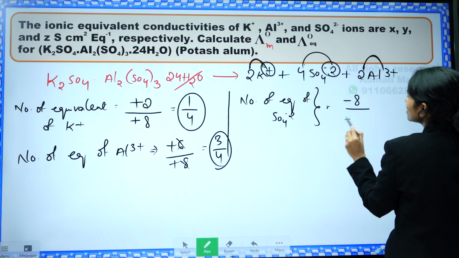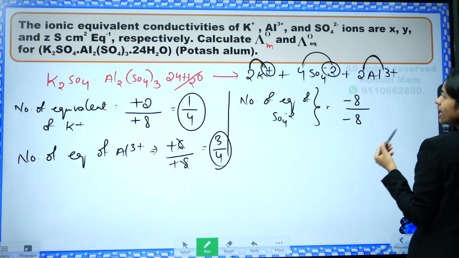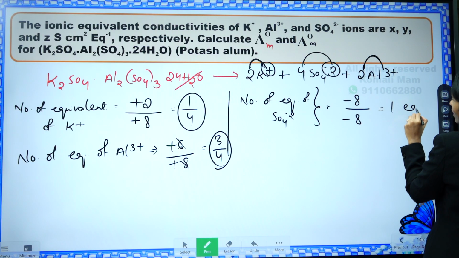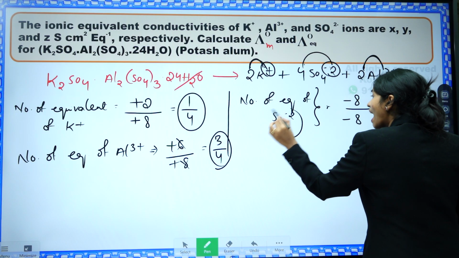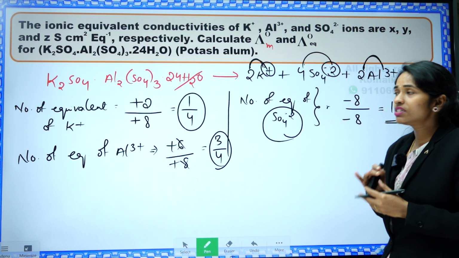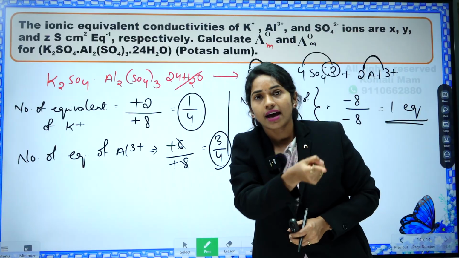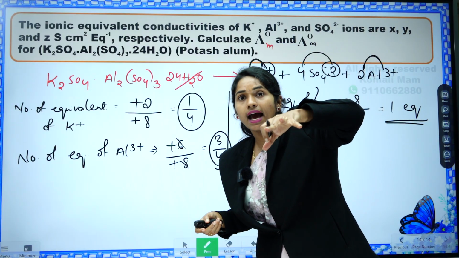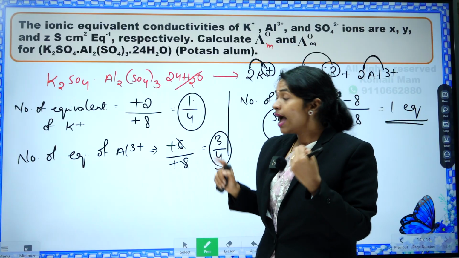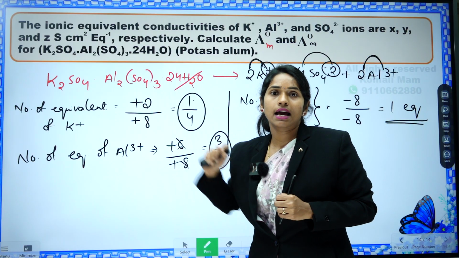Only sulfate anion is there, no other anions. That is also 8. So it will be 1 equivalent, which means this anion is losing 1 equivalent of electrons that was gained by the cations. 1 by 4 equivalents of K+ ion gained and 3 by 4 equivalents of Al3+ ions gained.